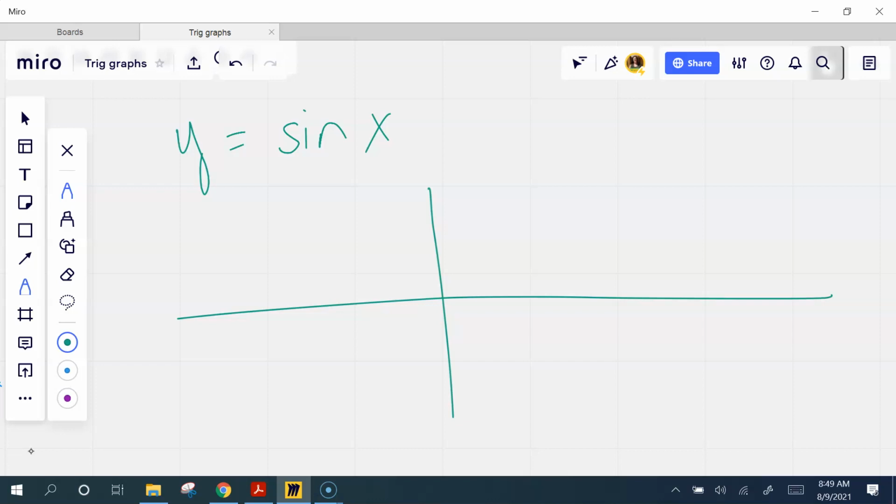Let me set my bounds on my y. What is the biggest value that sine ever has? 1. Are we all in agreement there? What is the smallest value? On my graph, I'm going to graph it by half pies. I'm going to start at 0. I'm going to say this is pi over 2, that's a half of pi, and then pi, and 3 pi over 2.